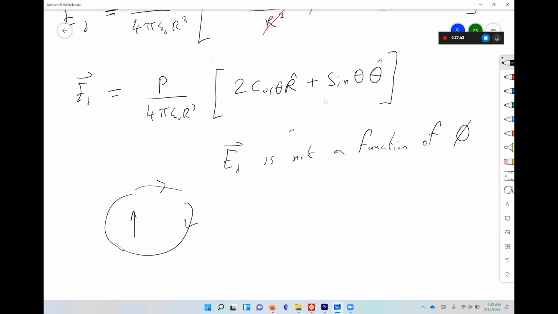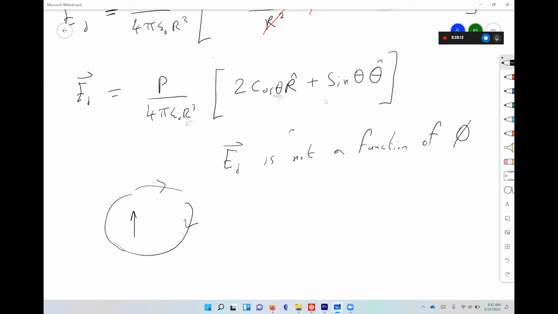The field is symmetrical. So if you have the dipole and you're rotating around it, you get the same field. The only things that change in the field are the theta coordinate and the distance away from the dipole. The farther you are from the dipole, the smaller the field. At a certain distance from the dipole, you maintain this distance and you rotate the azimuth.